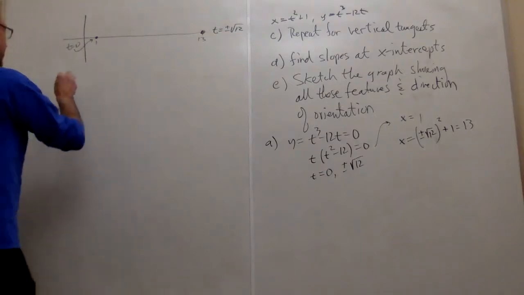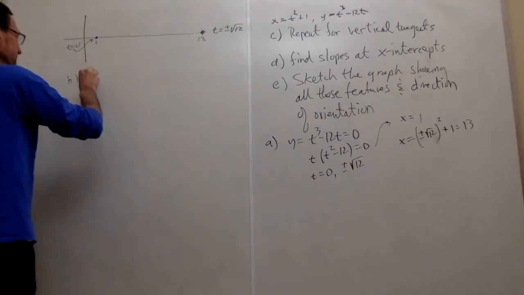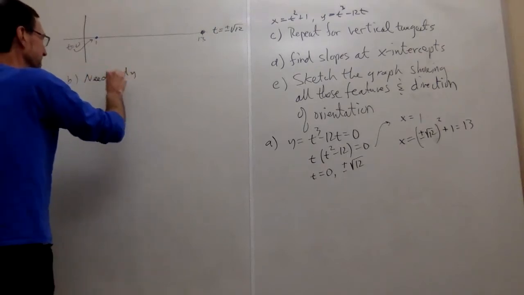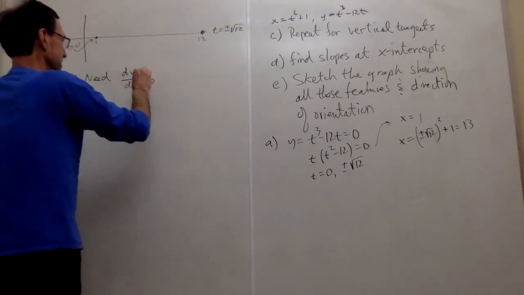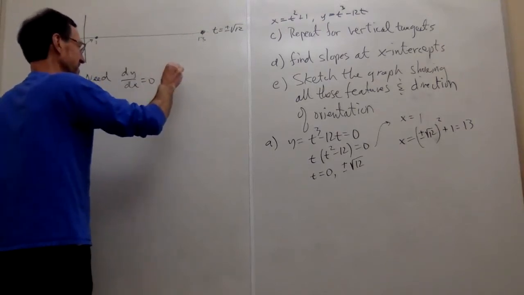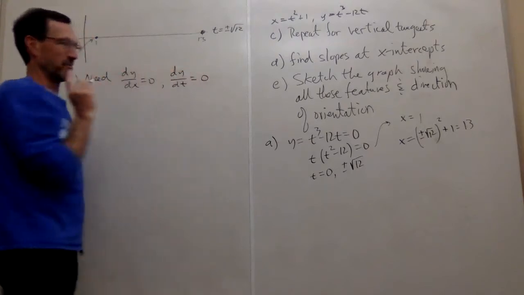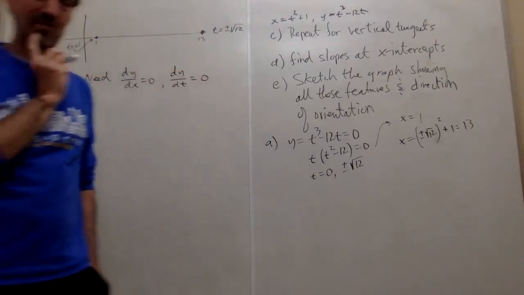So for part B, I asked for the horizontal tangents. We need the derivative dy/dx to be 0. If you think about dy/dx as a fraction, we need the numerator to be 0. So that's how we're going to find horizontal tangents.